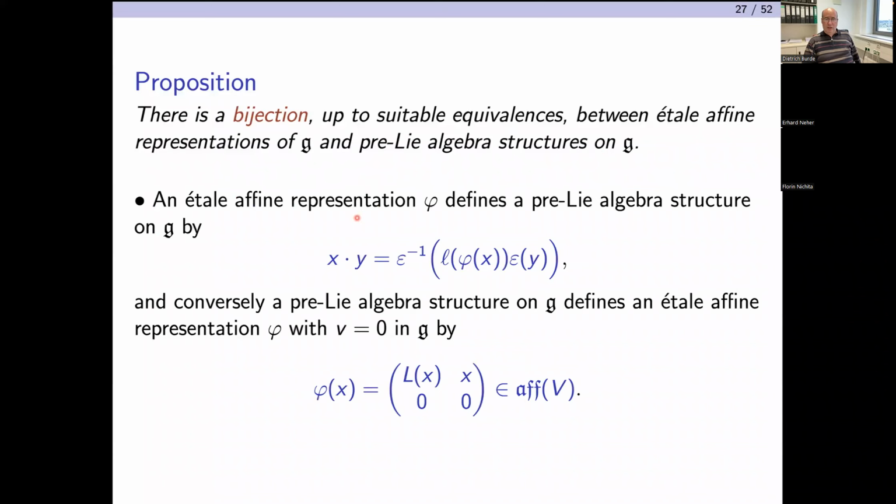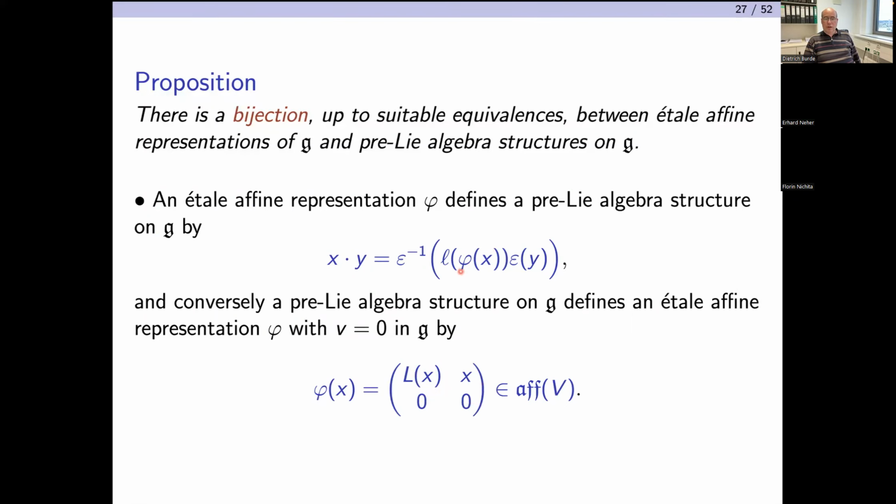Why is that? I don't want to give a long proof. I just want to give you an argument why it is the same. Given such an Etale representation, you get a pre-Lie algebra structure by this evaluation map. This is the linear part of this block matrix of this affine Lie algebra. Here, this is the GLn block, and the Lie algebra doesn't have a 1, but a 0.